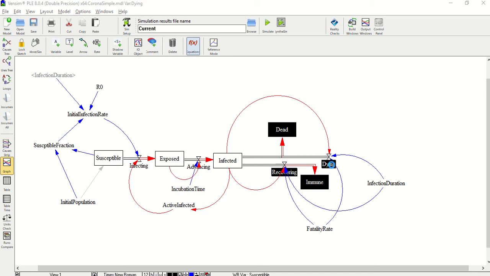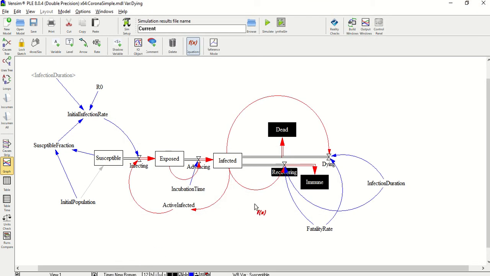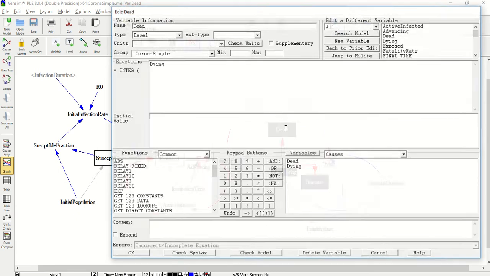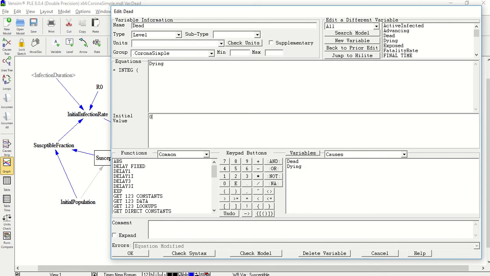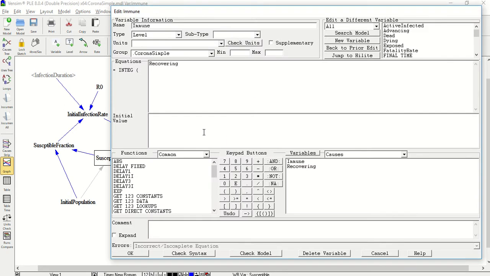And then dying is the fatality rate times the infected divided by the infection duration. And the dead, you just have to put an initial value in there. The immune, again, we need to put an initial value in there.